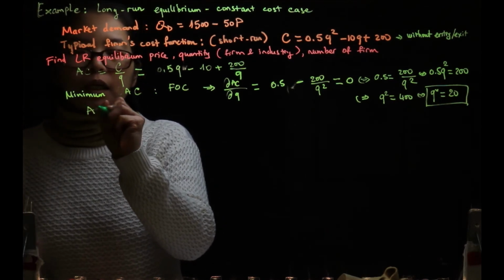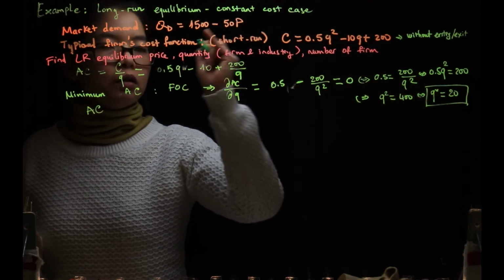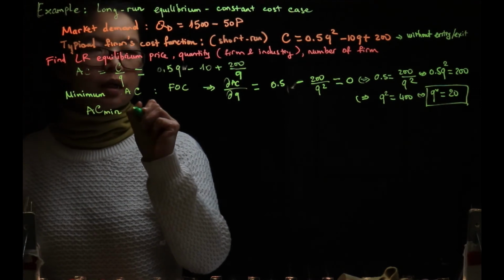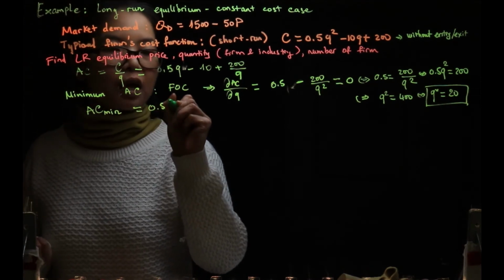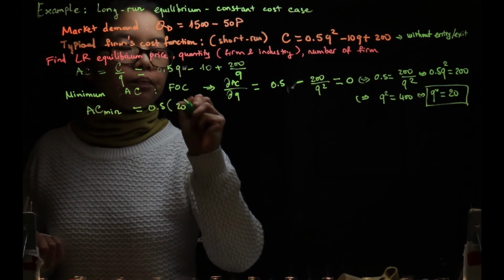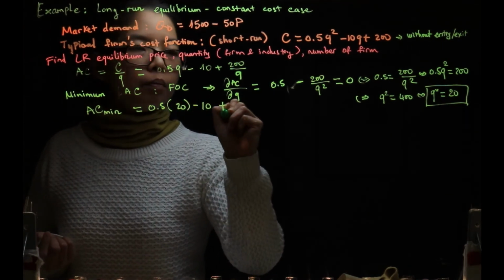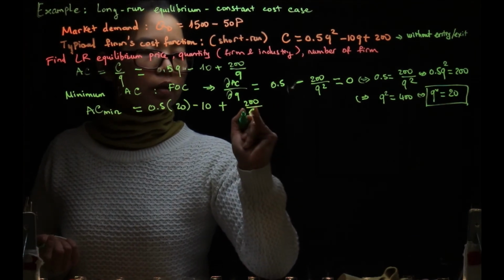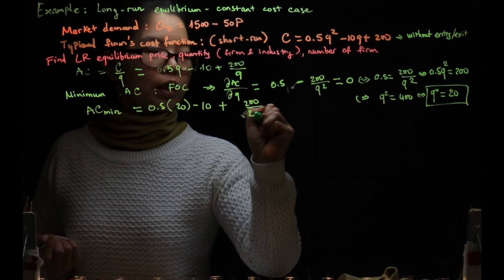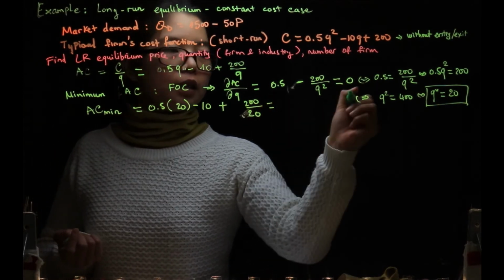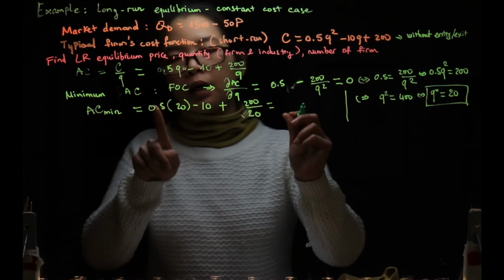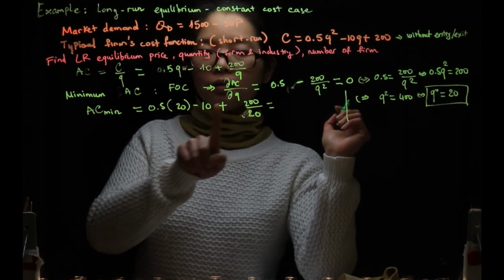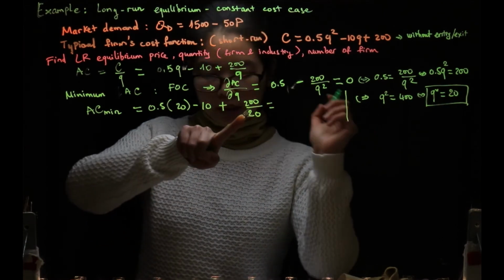So we could plug Q back into the AC to find AC min equals 0.5 times 20 minus 10 plus 200 over Q, but now let's write 20, which is 0.5 times 20 is 10, minus 10 is gone, and then plus another 10.